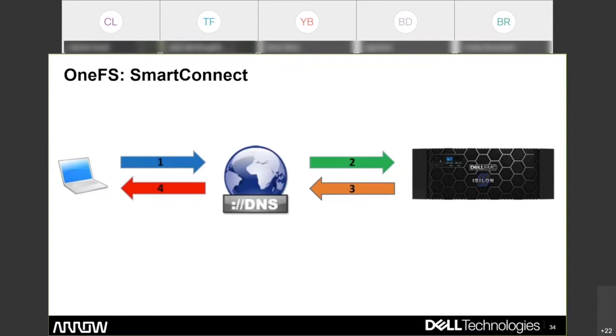So the cluster node that's hosting the Smart Connect service IP address for that particular zone receives the request, and it's going to calculate the specific IP address of the NIC in the cluster to assign based on the configured connection policy for the pool. So if it's either round robin, connection count, throughput, or CPU utilization, it's going to make that determination on what's the best NIC for it to hit. And then it's going to return that IP address to the DNS server, who will return it to the client, and then the client will connect directly to that IP address.